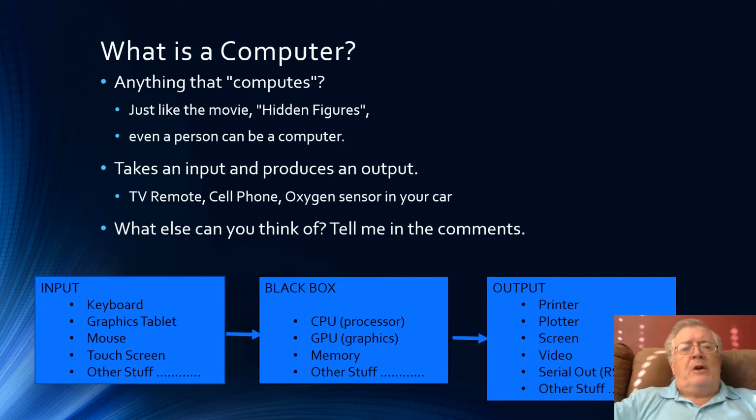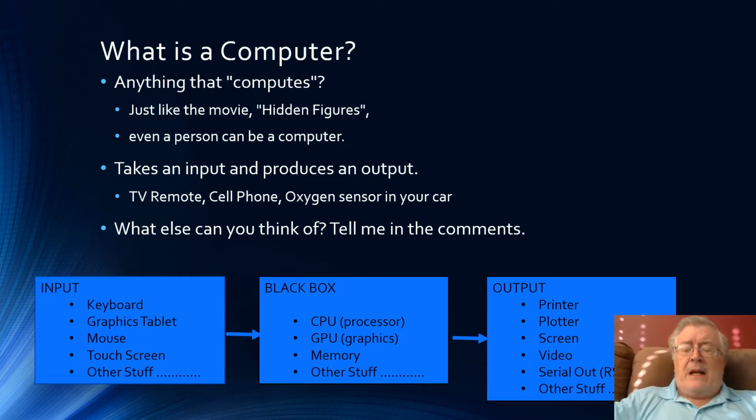A computer basically takes an input, does something to it, and produces an output. That's all it is. It can be any kind of input, any kind of output, and you can call that a computer.